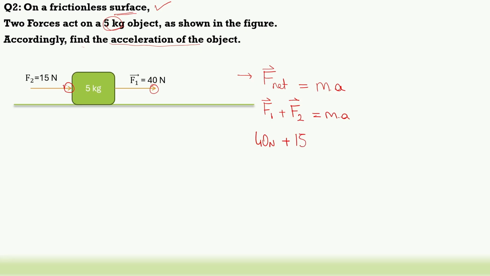I am writing 15 Newton equals m times acceleration. M is 5 kilograms, 5 times acceleration. 55 Newton totally. 55 Newton equals 5 times acceleration. From here, the acceleration of the object is 11 meter per second square.